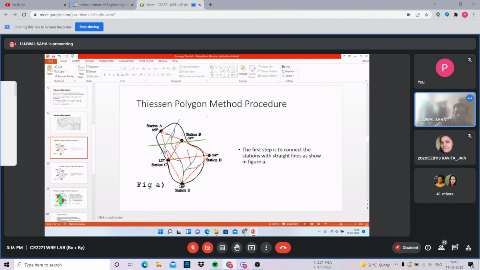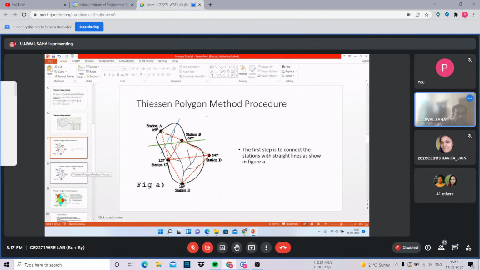It will cut in two places, and if you join the cutting points, this will give you the perpendicular bisector for the Thiessen polygon. I cannot show it because I don't know how I will put a compass here, but I will show you a video. Okay. So that is the way I can do the perpendicular bisector.